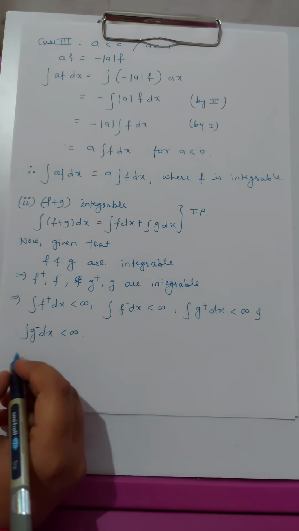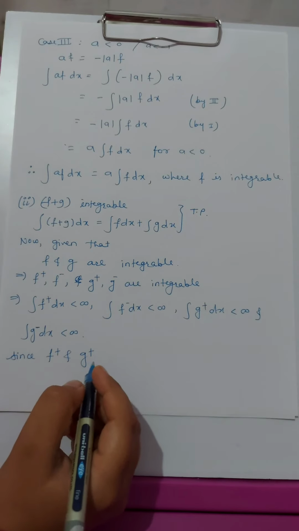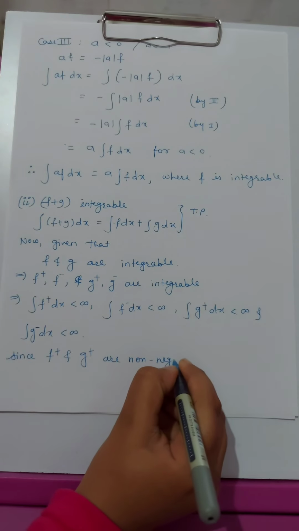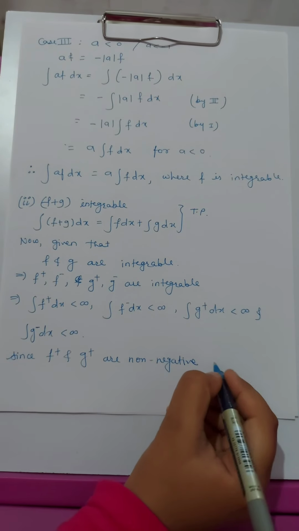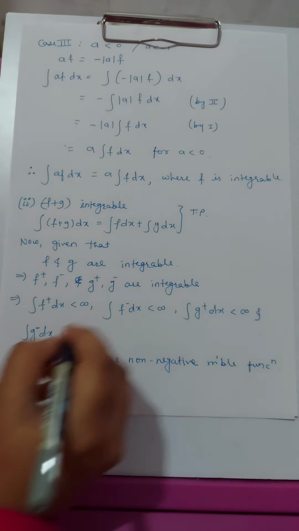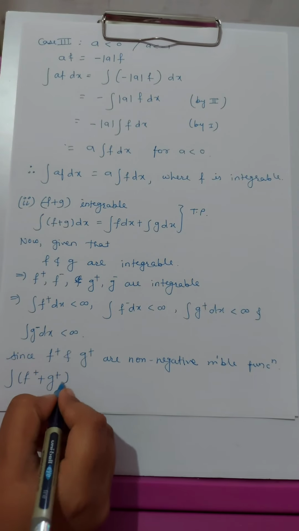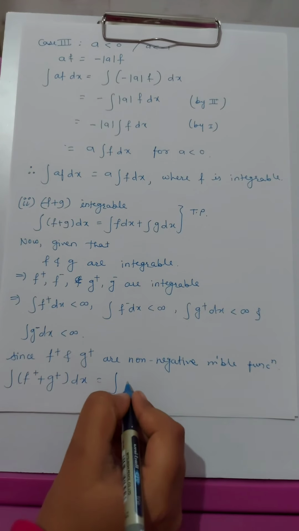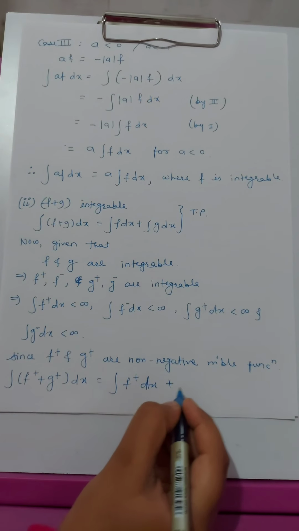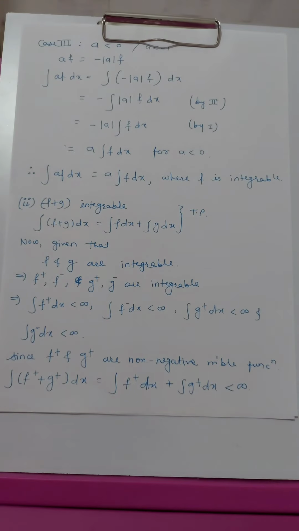Now since f plus and g plus are non-negative measurable functions, this implies that the integration of f plus plus g plus dx is equal to the integration of f plus dx plus the integration of g plus dx, which is again less than infinity.